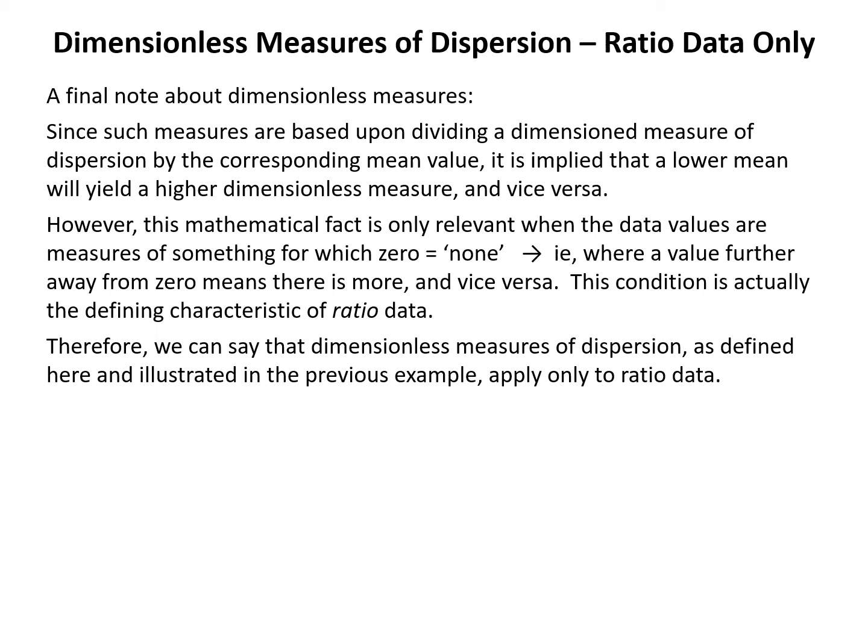In other words, where a value further away from 0 means that there's more of the quantity and vice versa. This condition is actually the defining characteristic of ratio data, and it distinguishes ratio data from interval data. Therefore, we can say that dimensionless measures of dispersion, as defined here and illustrated in the previous example, apply only to ratio data.